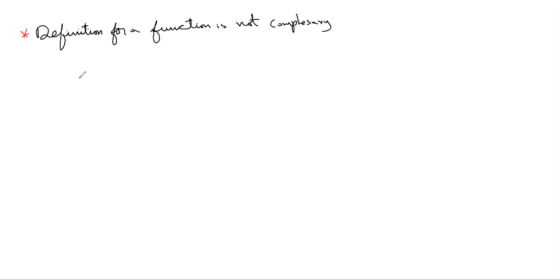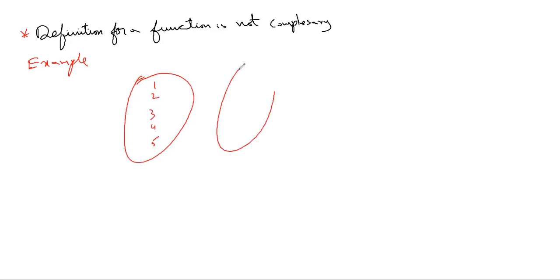Definition for a function is not compulsory. Why? For example, you take 1, 2, 3, 4, 5, even though it's a real function, and some values 7, 5, 9, 4, whatever, and then 3, 8, 6, 8.